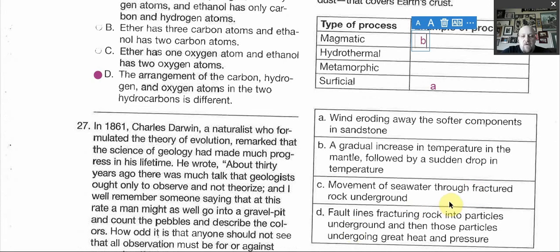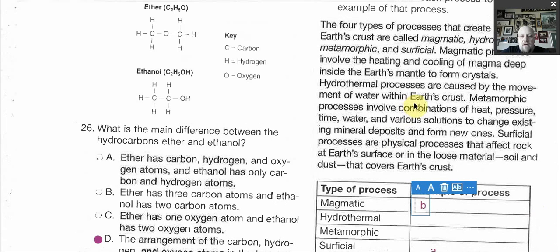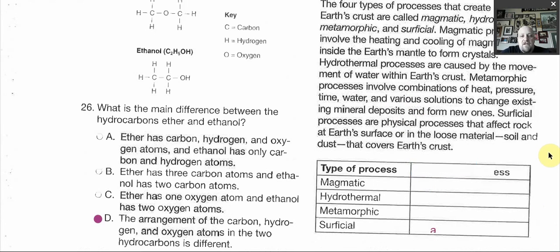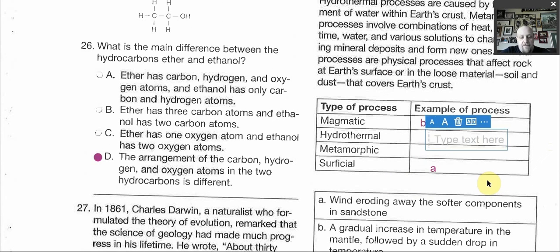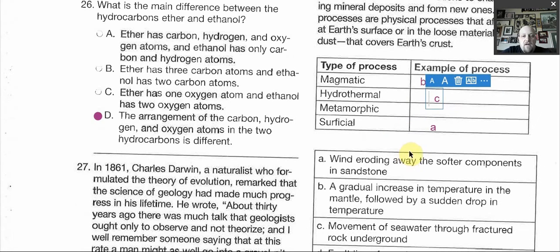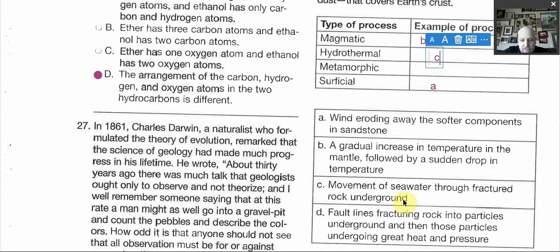Next, movement of seawater through fractured rock underground. So we look up here. Hydrothermal are processes with the movement of water within the Earth's crust. So your next one is going to be hydrothermal is C, because hydrothermal, hydro is water, thermal is heat, movement of seawater through fractured rock.